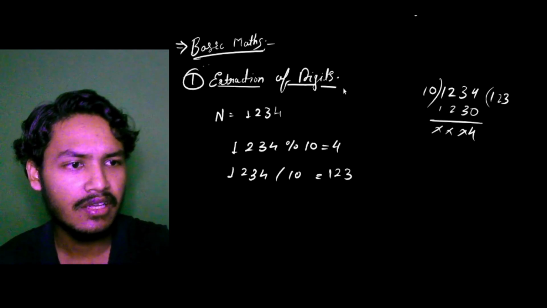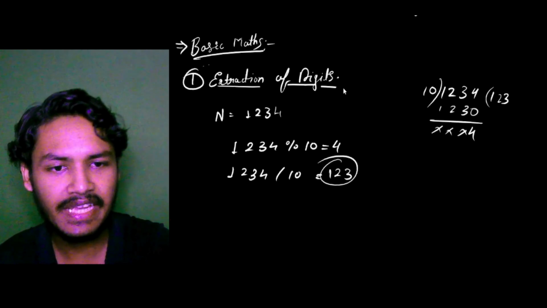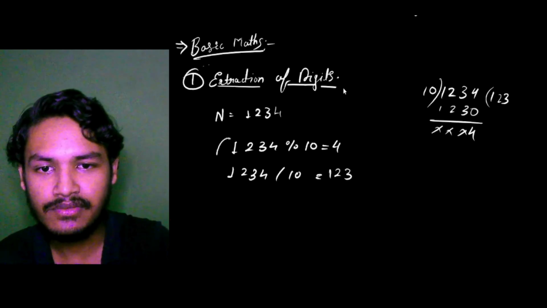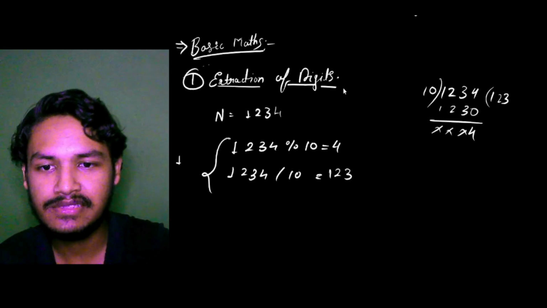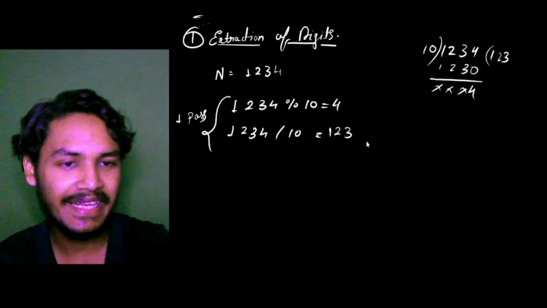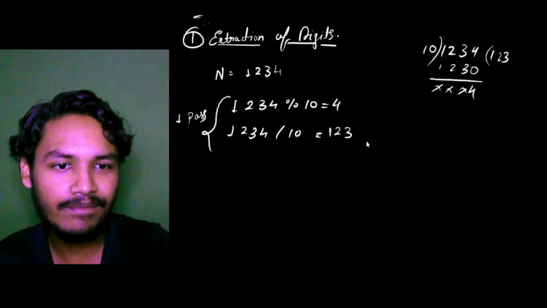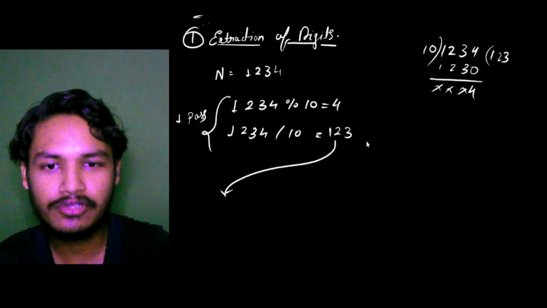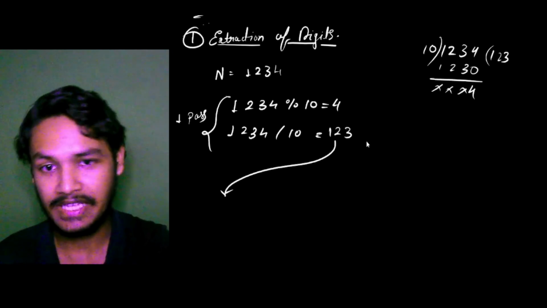All right, so we are getting 1, 2 and 3, and this is our first pass. After doing this, we can give this output as the input in the next pass.